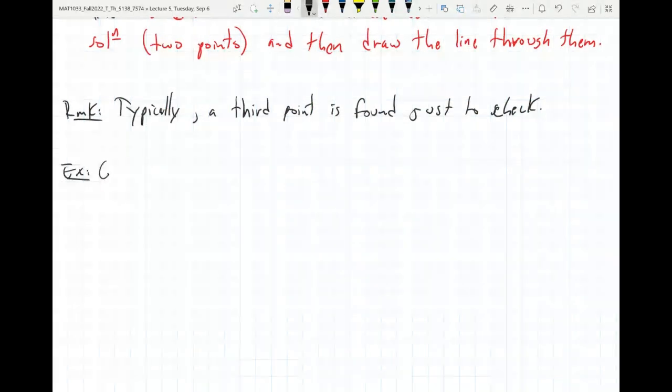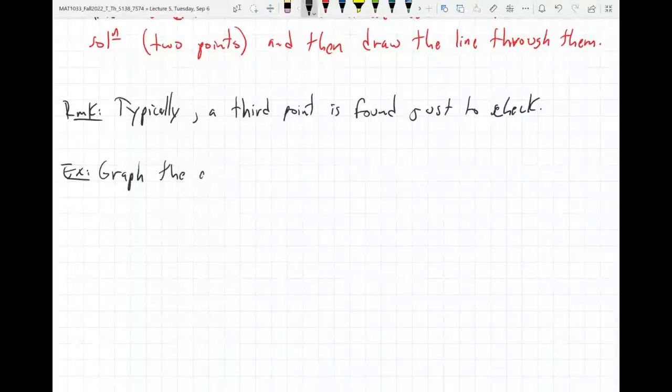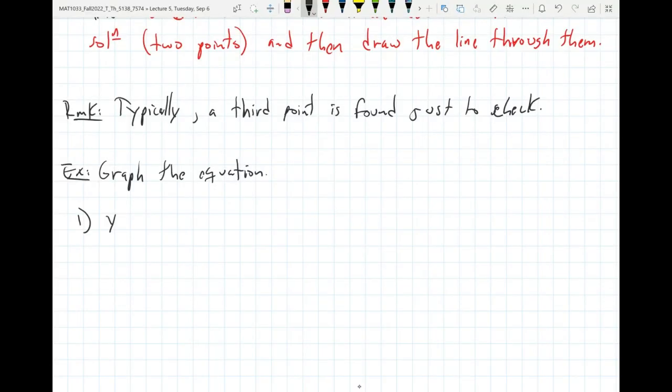Let's see, graph the equation. And let's do y equals 2x plus 1. And do y equals negative 3/2 x minus 2.